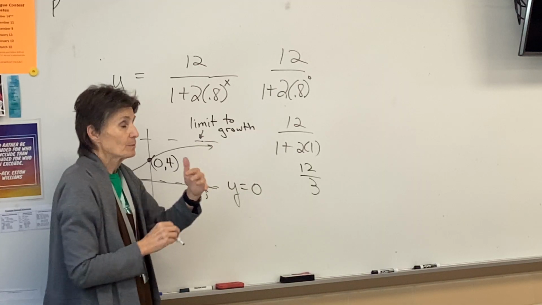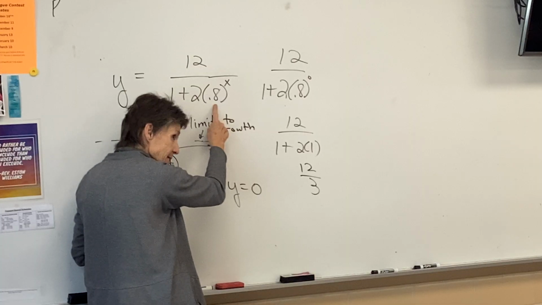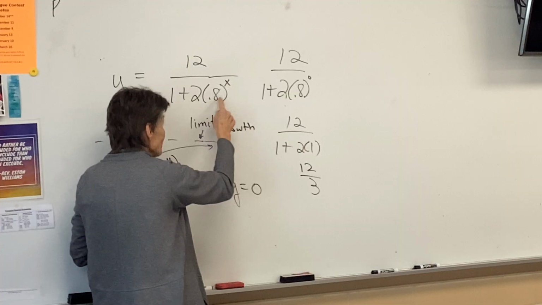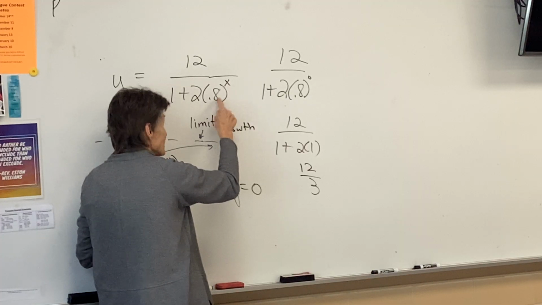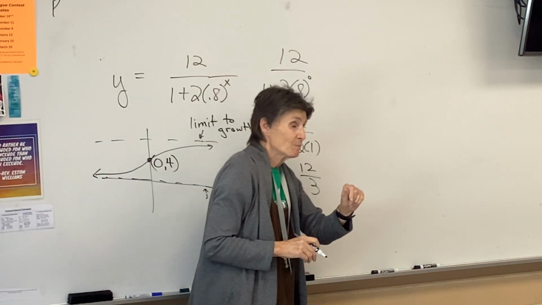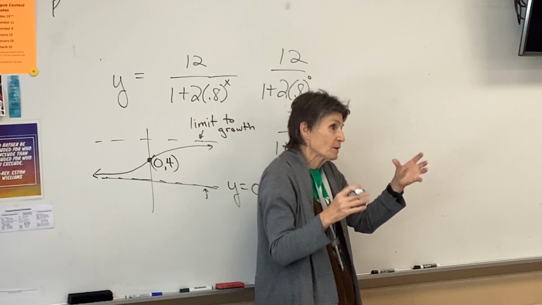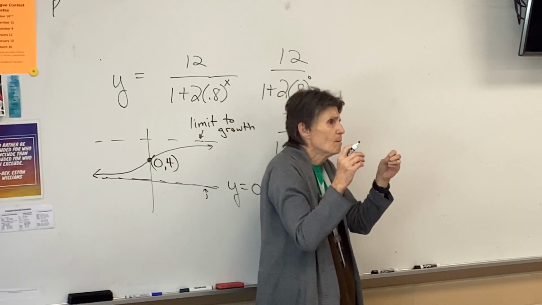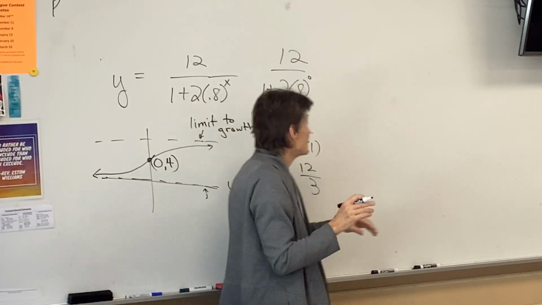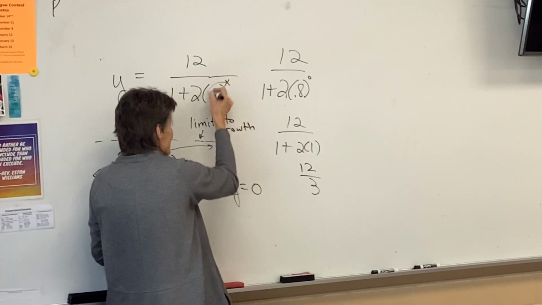0.8 is less than 1. So what happens if we take 0.8 to a really big power? It gets really small. And eventually it gets so small, it's essentially 0. Like if you typed in on your calculator 0.8 to the 1000th power, it is minuscule. So this actually becomes like 0.